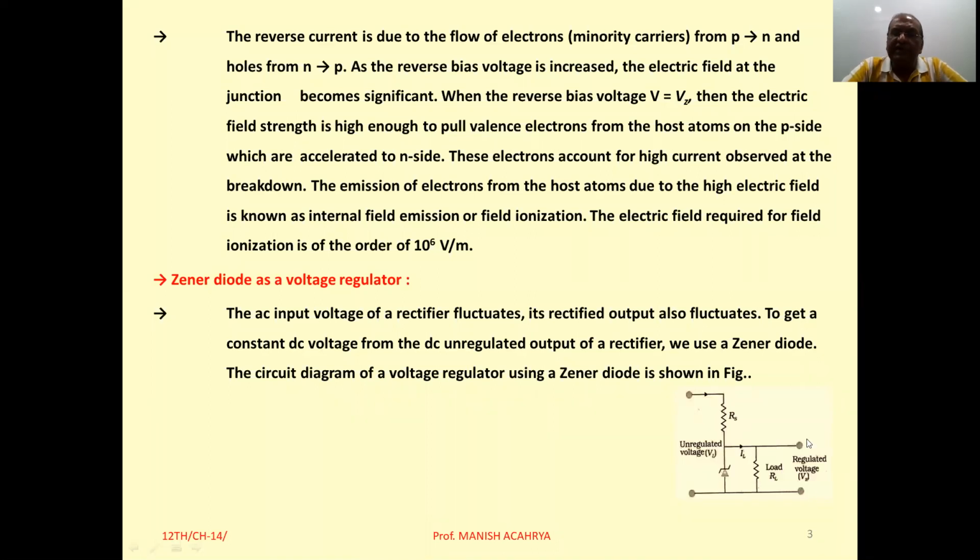Suppose we want a regulated output voltage equal to 6 volt. Then we have to take a Zener diode with breakdown voltage equal to 6 volt. Now, as shown in the figure, we have to prepare the circuit. But to obtain an output regulated 6 volt, the input unregulated voltage should be greater than 6 volt.